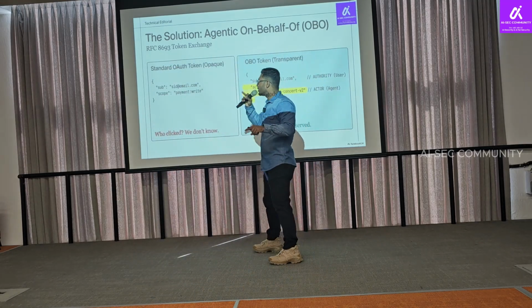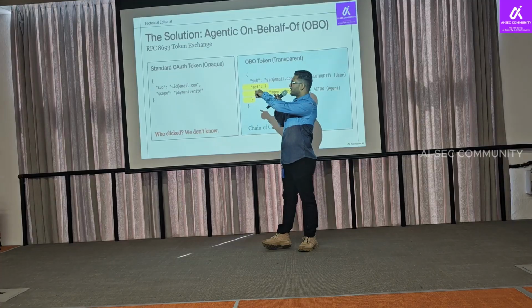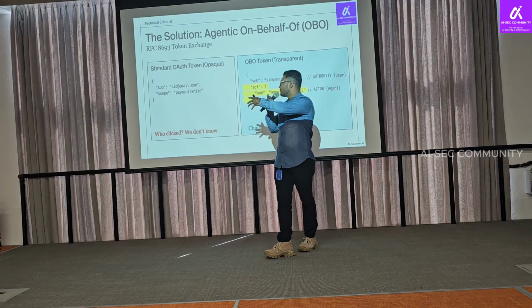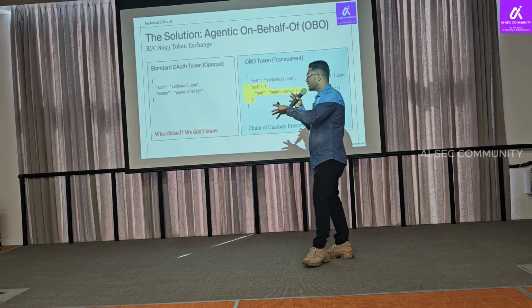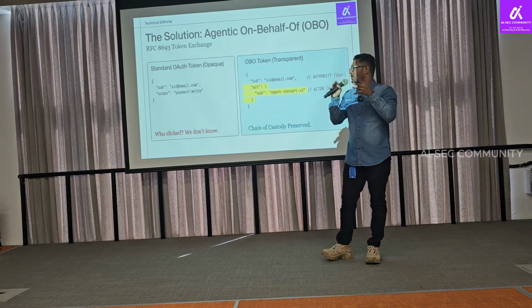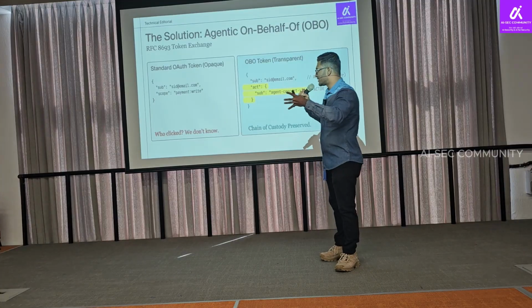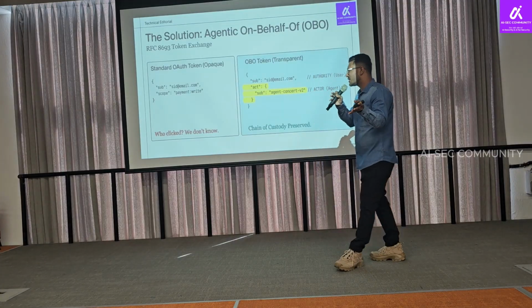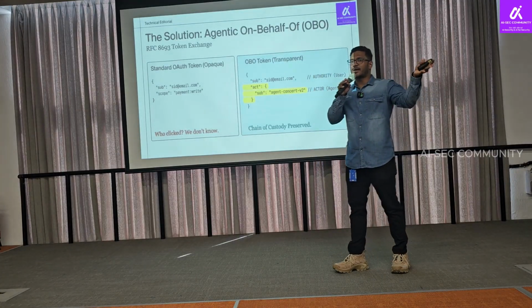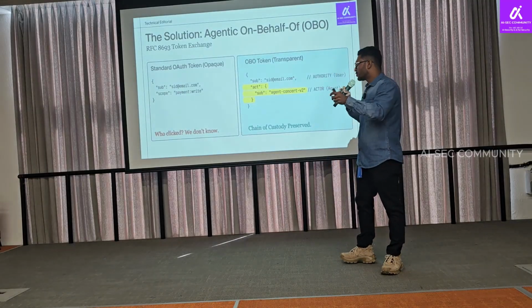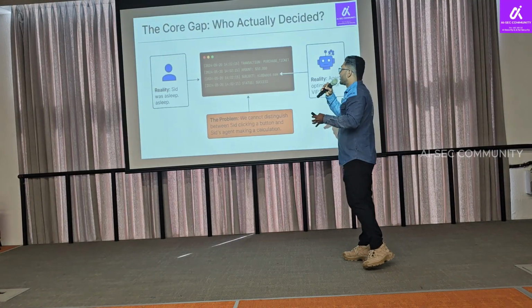In a standard OAuth token, you have sid@gmail.com or email.com, whatever it is, and the scope saying he can do writing in terms of payment, etc. Whatever read, write access it is. So the access is defined, the actor is also defined, right? So both of those things are defined.